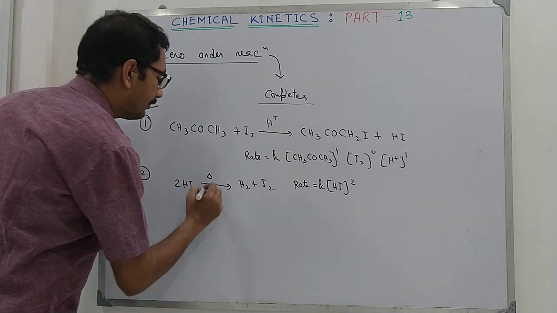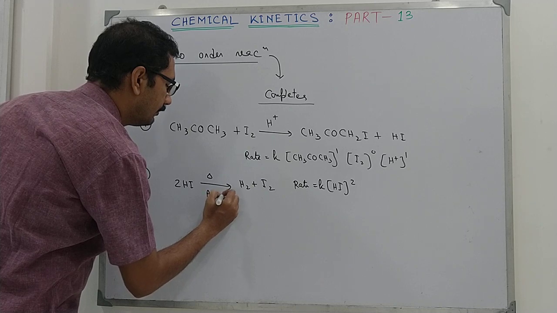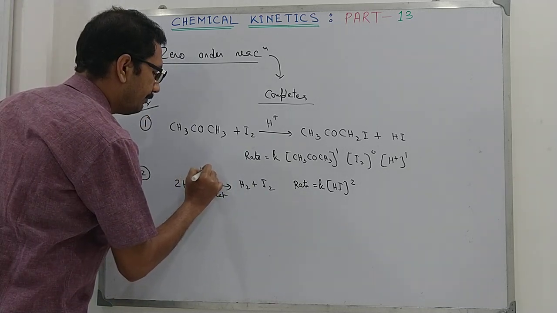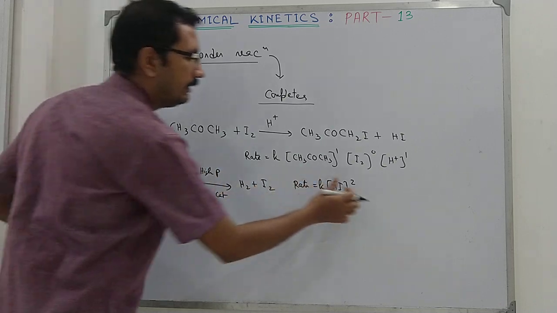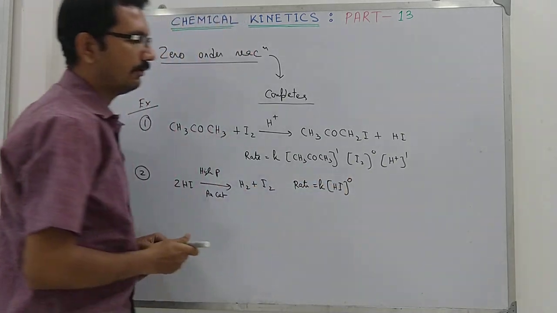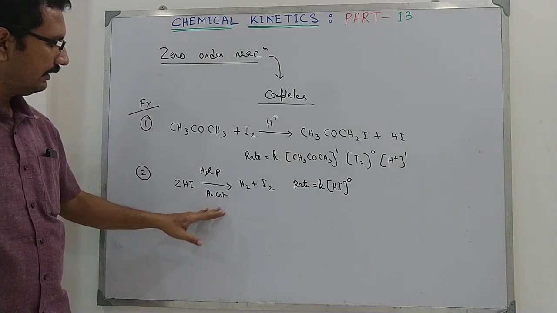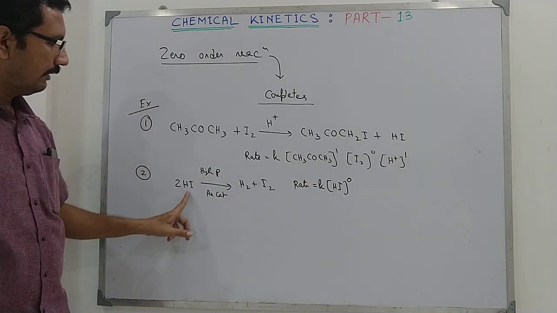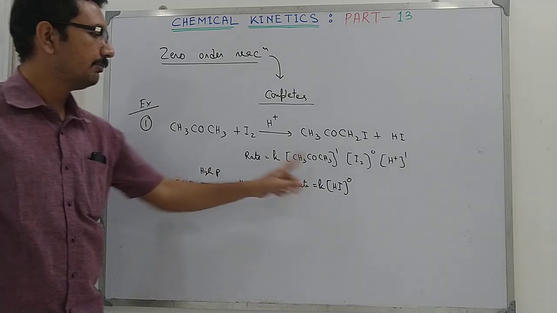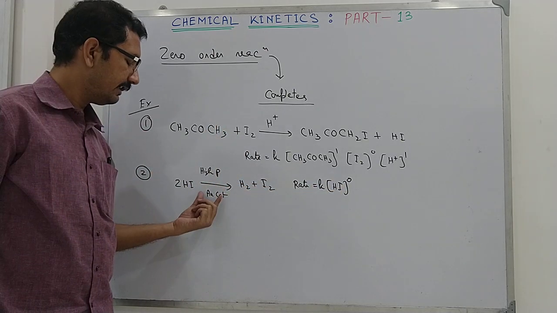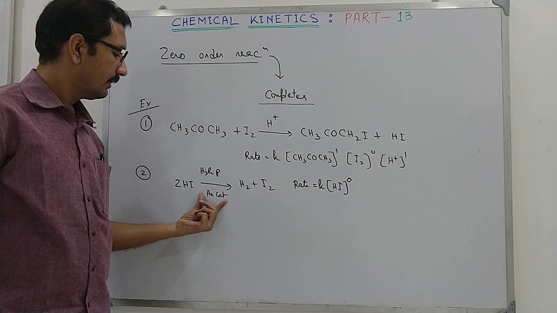But when we perform this upon gold catalyst and we apply high pressure, then we have this reaction to be zero order. So this is an overall reaction. Here we have a reaction where we get the overall order to be zero. But please be careful that you need a gold catalyst.